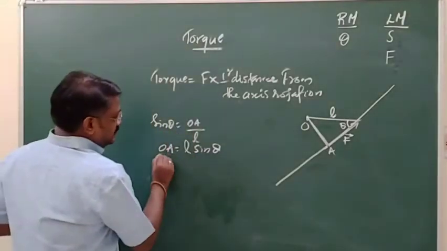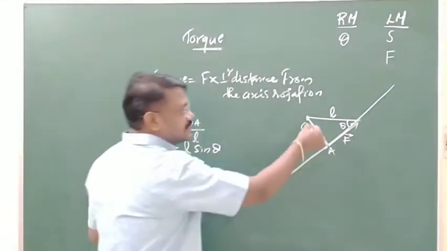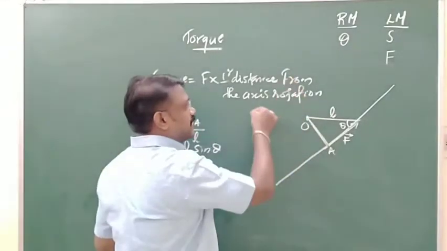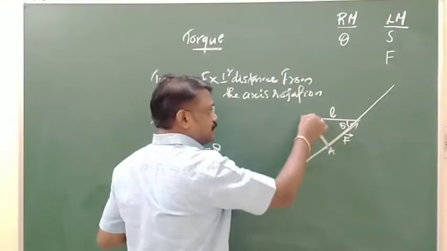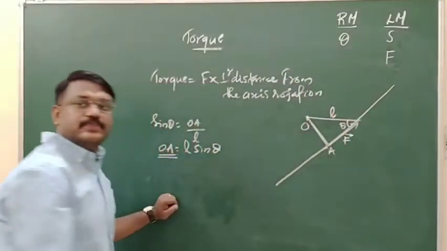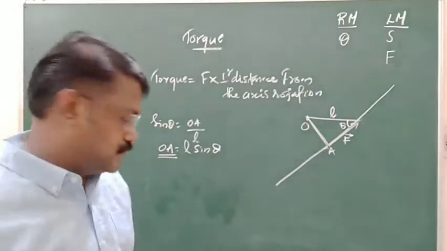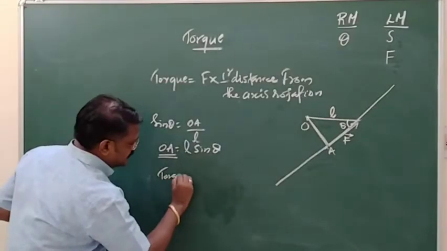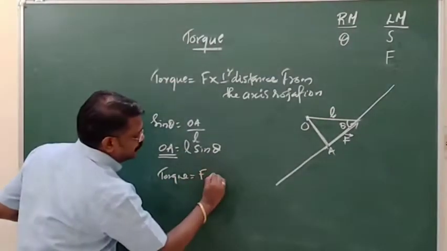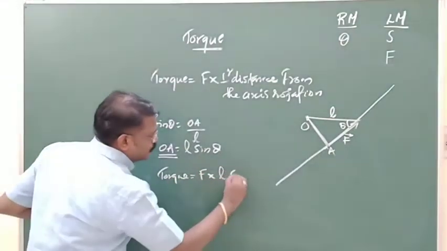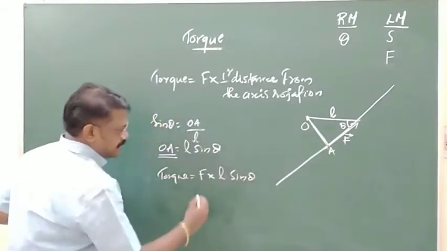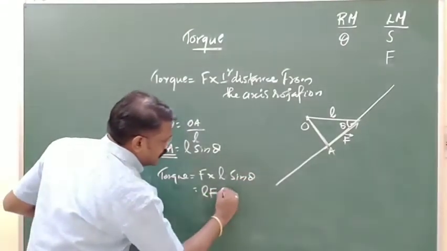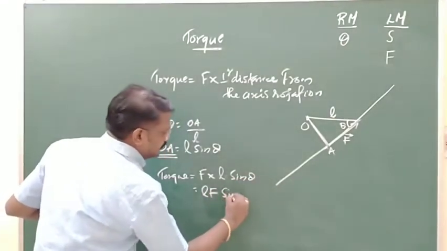Therefore, what is this OA? OA is the perpendicular distance from the axis of rotation to the line of action of the force. So torque is equal to F into L into sin theta, that is L F sin theta.